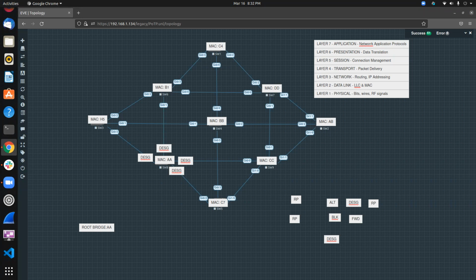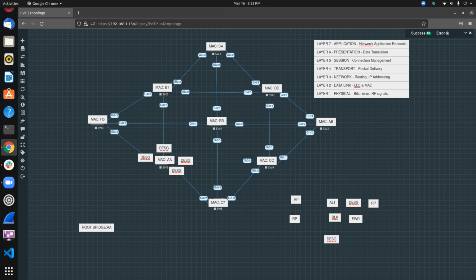So switch 3, which is MAC H5, has interfaces 0/2, 0/1, and 0/3. Now, when we're talking about the lowest and the shortest path, the lowest cost is always going to be the shortest trip, like you were saying. So you could decide: are you going to go through 3 to get to 1, or go directly there?